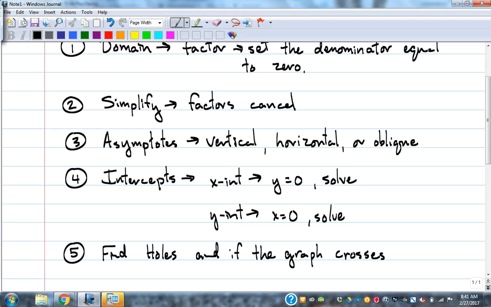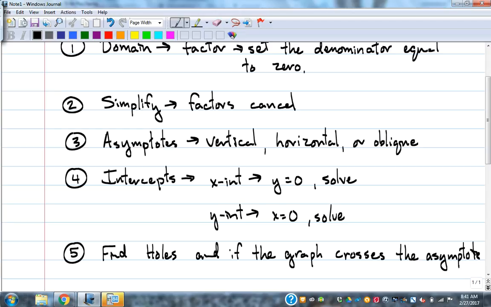Holes are one of the things we're adding. So we're adding intercepts and holes, and whether the graph crosses the asymptote. Those are the things we're adding today.